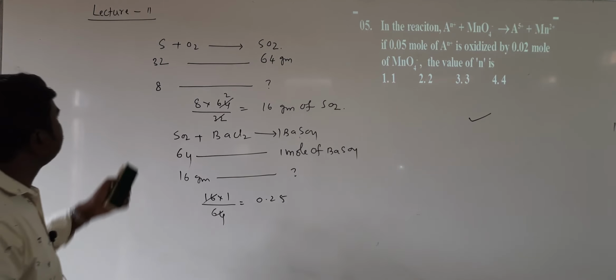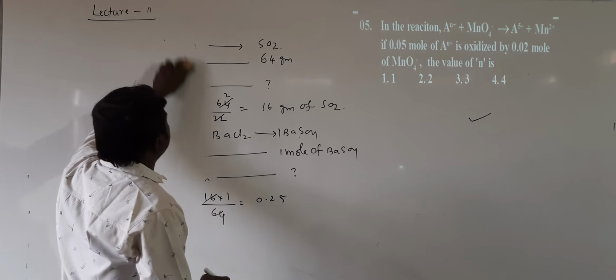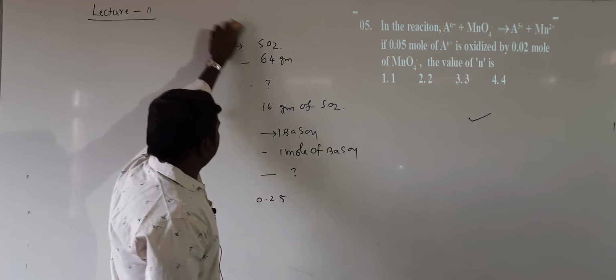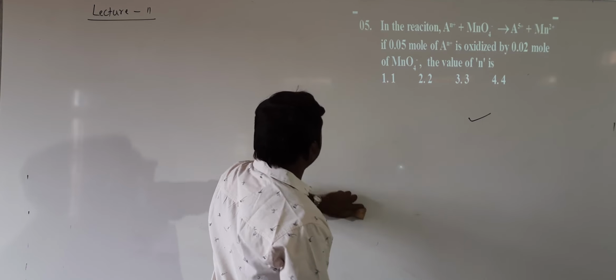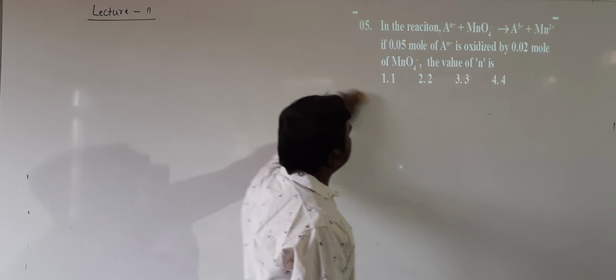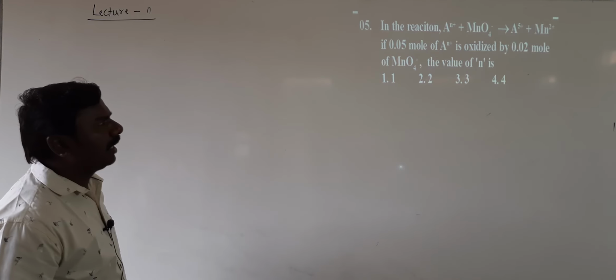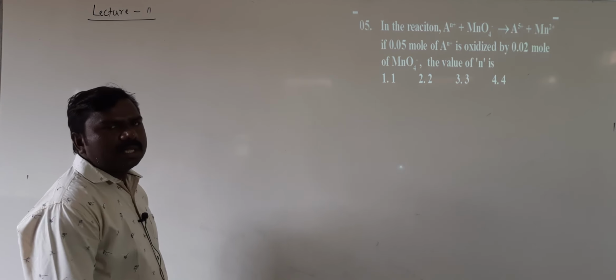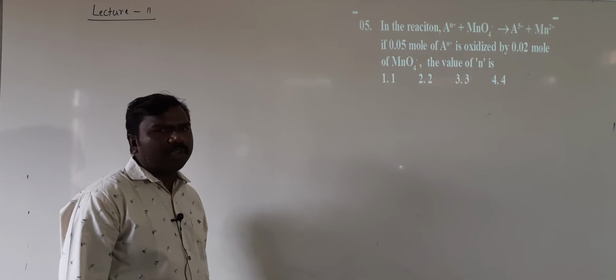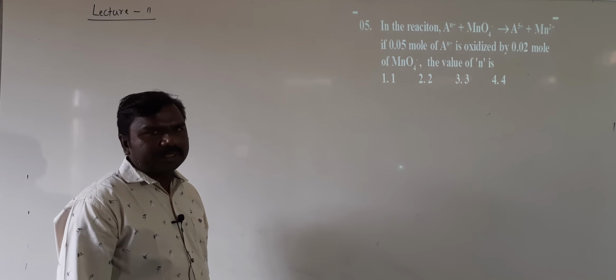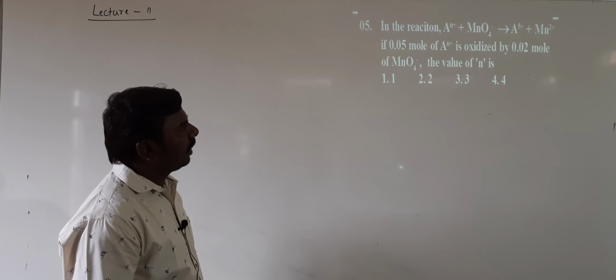Next bit. In the reaction A^n+ plus MnO4^- gives rise to A^5+ and Mn^2+, 0.05 moles of A^n+ is oxidized by 0.02 moles of MnO4^-.